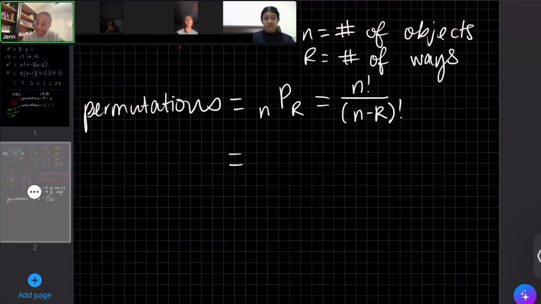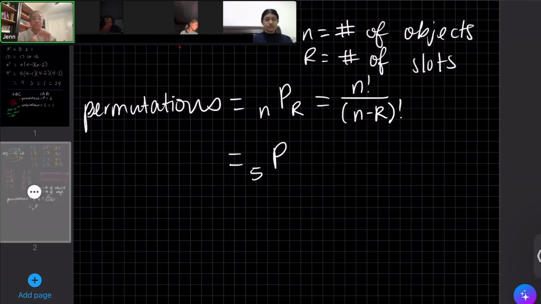So n in this example would be 5, because there are 5 different flights I can take, right? Because it's the number of objects, it's the number of flights that I can take. Does that make sense? So 5P, and then r is the number of ways, because there's only 2 flights I can take there and back, right?